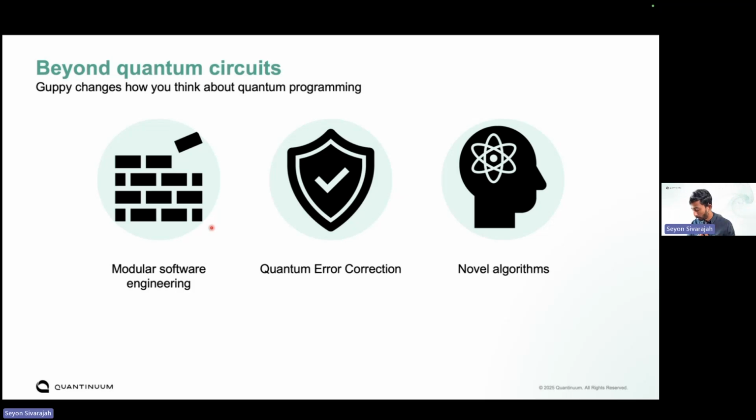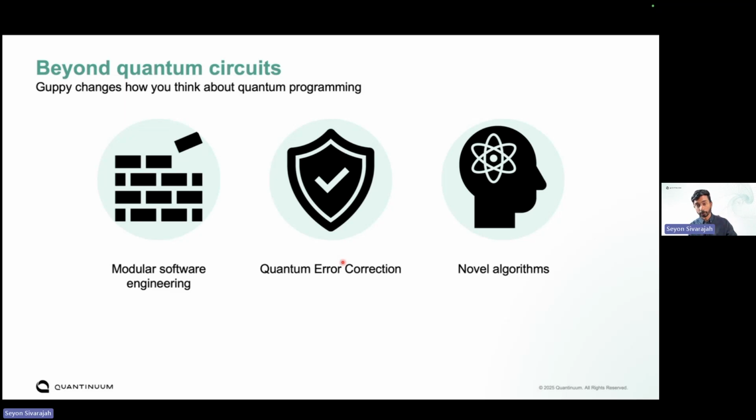Beyond that, the natural control flow and classical logic that Guppy provides alongside your quantum logic is absolutely essential for programming quantum error correction. And thanks to our flexible ion trap technology with fully connected architecture, where the ions can be moved around to interact with any other ion, we can offer very flexible quantum error correction built entirely in software.